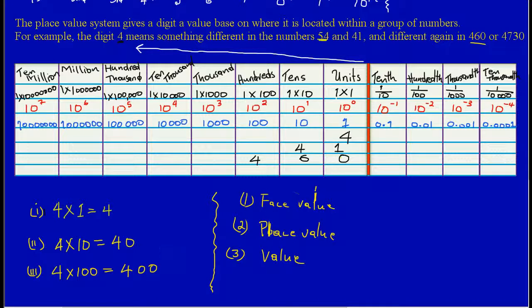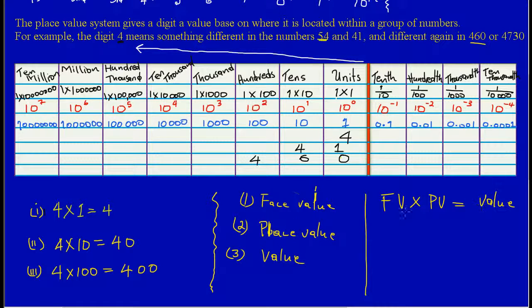In the exercise earlier, I took the face value of the 4 and multiplied it by the place value. The place value is the column that the digit falls in, and that gave me the value of the digit.